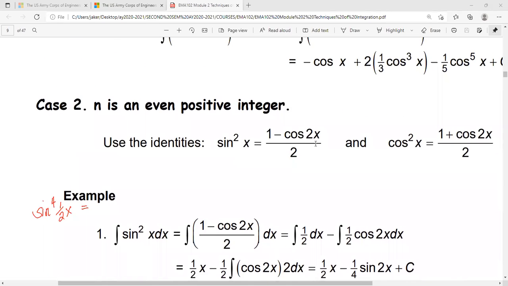Have you noticed what happens to the angle here? I've mentioned double angle cosine. What happens to the angle? What happens to the original angle? Kyle Biko.